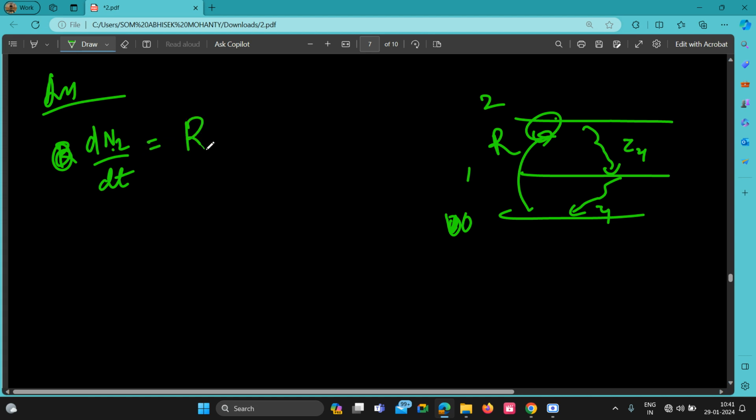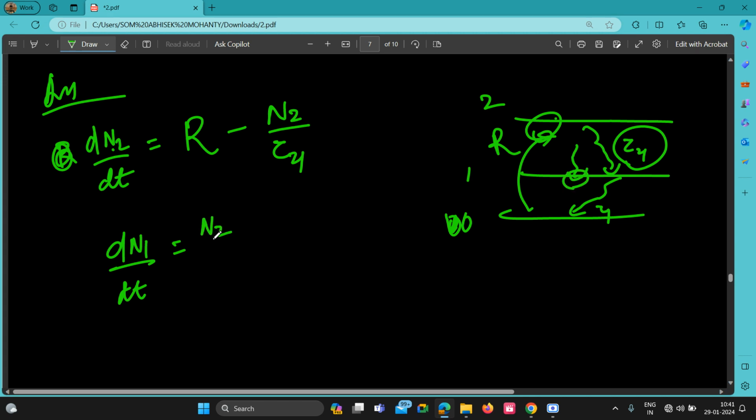Tau 21 is going away, so minus N2 by tau 21; this should have the same dimension. Now dN1 by dt: from state 2, tau 21 is coming towards the state, so it will be positive, and tau 1 is going away, so it will be negative, with their corresponding N values.